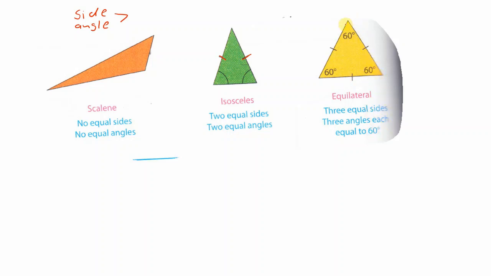And because we know a triangle has 180 degrees if we add up all the interior angles, 180 divided by 3 will give you indeed 60 degrees. So that is why an equilateral triangle always has three angles of 60 degrees and three equal sides.